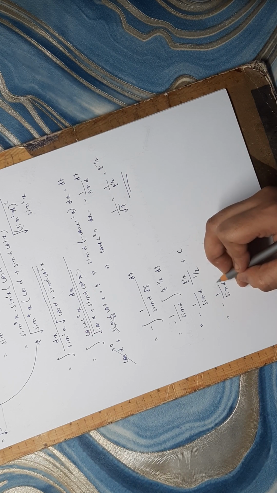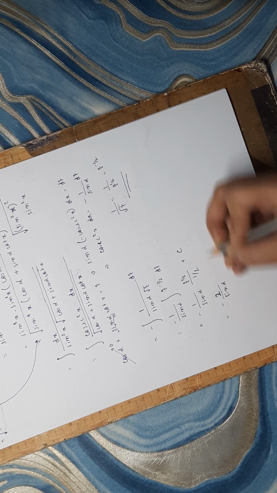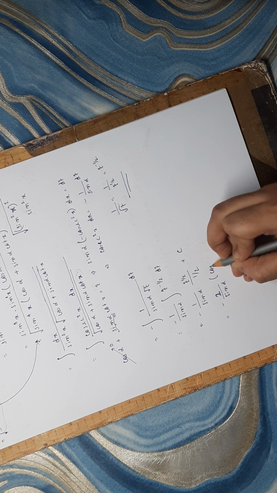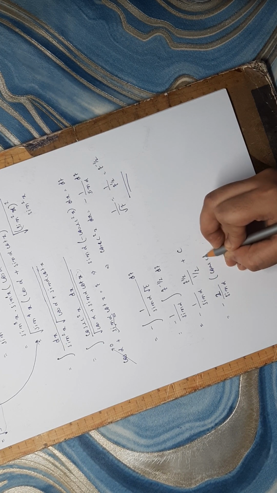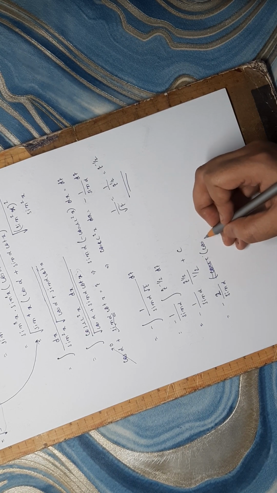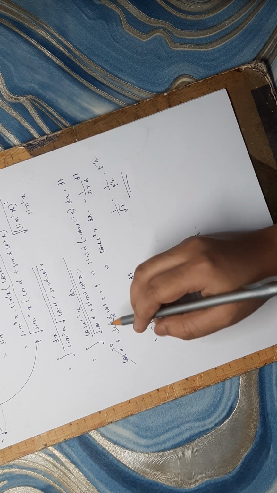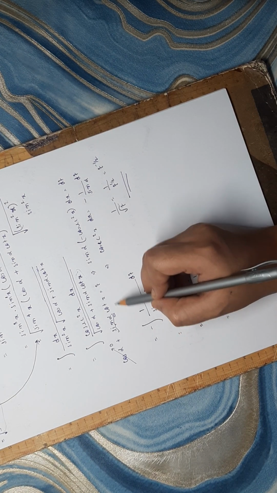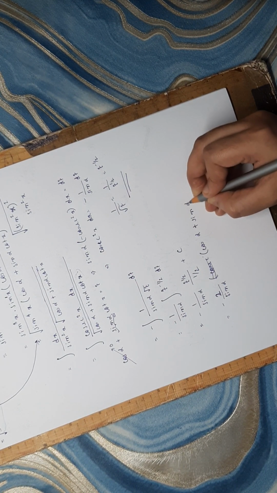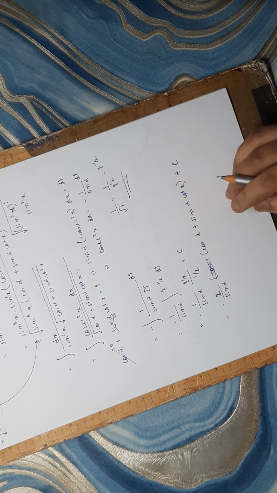This 2 will climb in the upward direction, so we will have 2 in the numerator, and t to the power half will get replaced by cos alpha plus sin alpha cot x, plus c.